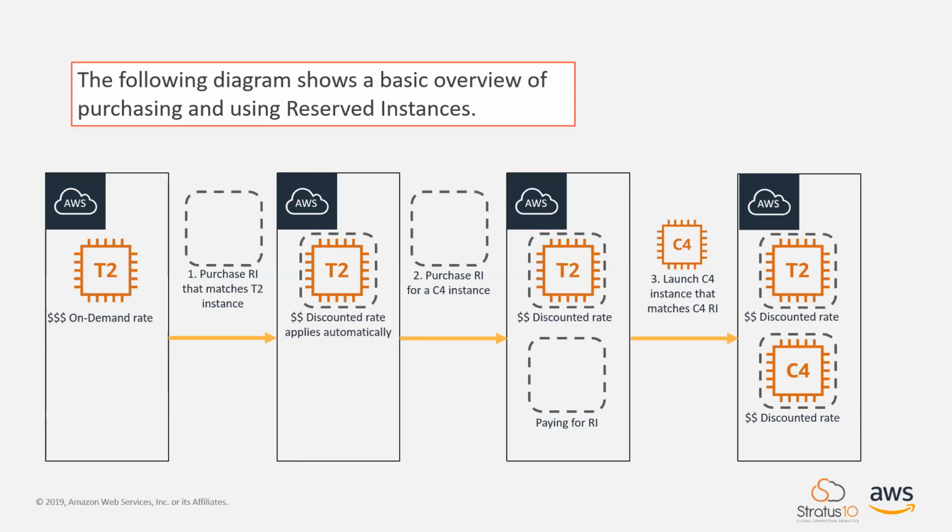Your T2 instance is now running at a discounted rate, which is applied automatically. You purchase an RI for a C4 large, you're still running that T2 at the discounted rate. You're paying for the RI that you're not using. But if you launch the C4 large that matches that C4 large RI, then you would get the discounted rate for both. Okay.